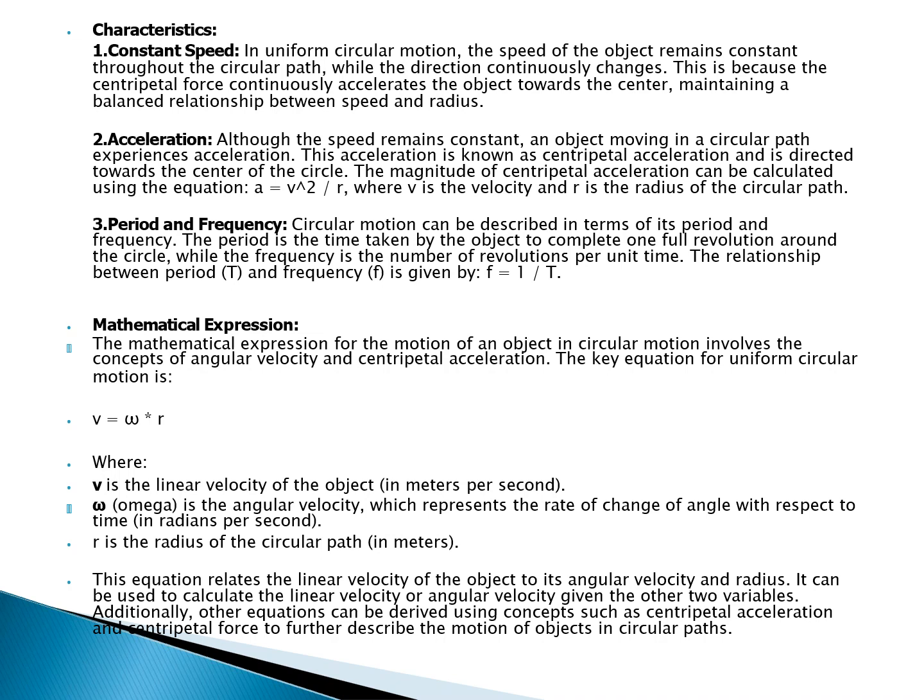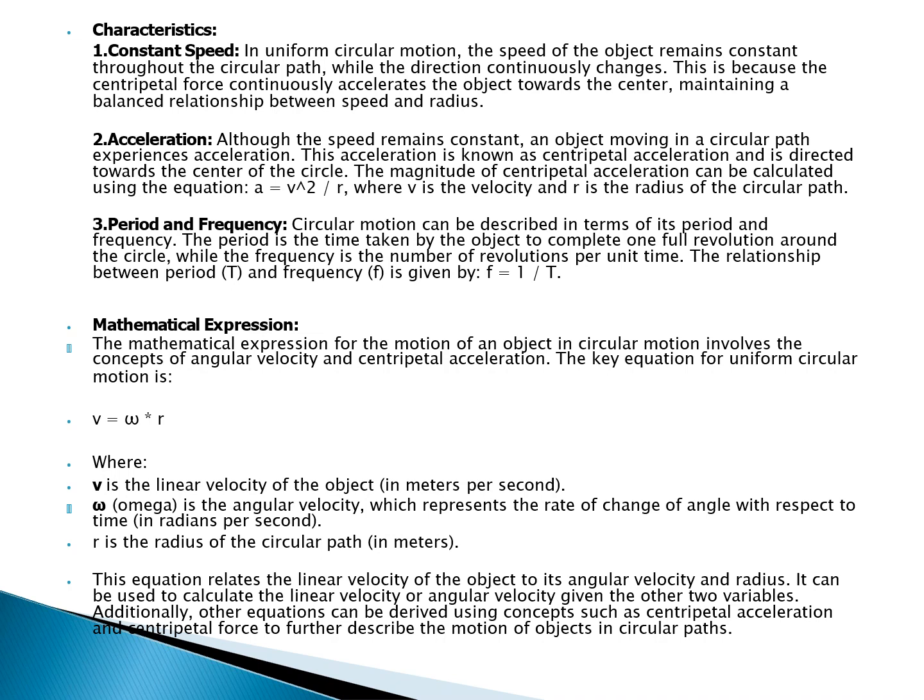This acceleration is known as centripetal acceleration and is directed toward the center of the circle. The magnitude of centripetal acceleration can be calculated using the equation a equals v squared over r, where v is the velocity and r is the radius of the circular path.